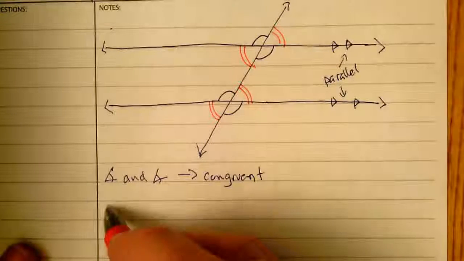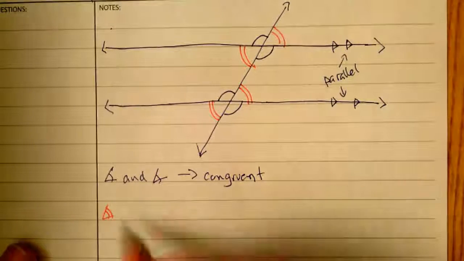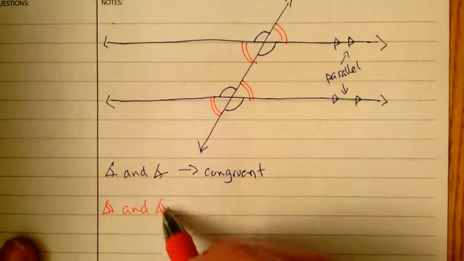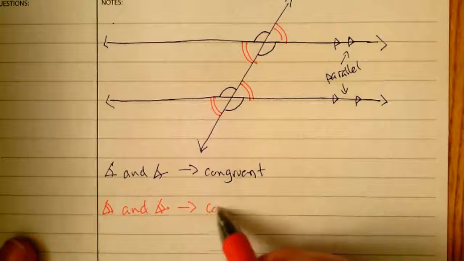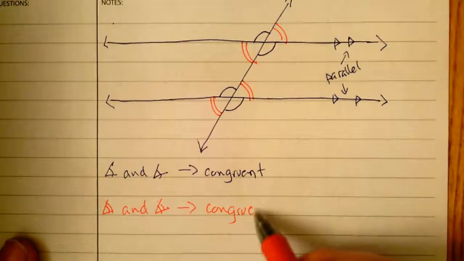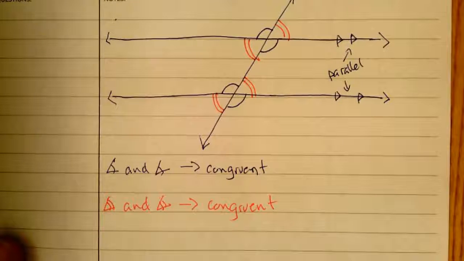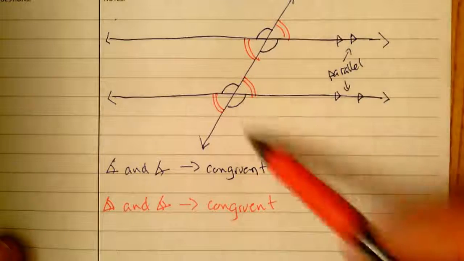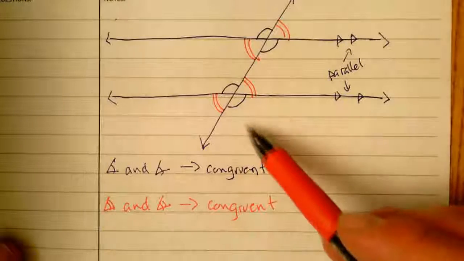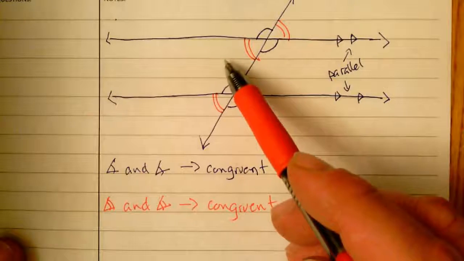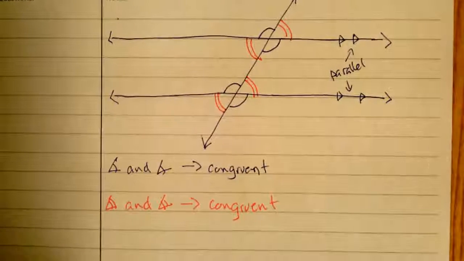So in that case, also congruent. So those four angles are congruent in this sort of zigzag pattern. Shoop, shoop, right? Or shoop, shoop, right? Congruent. That only happens with parallel lines.